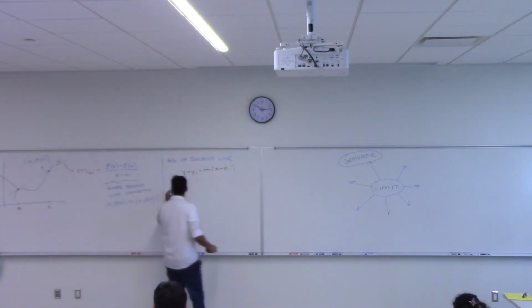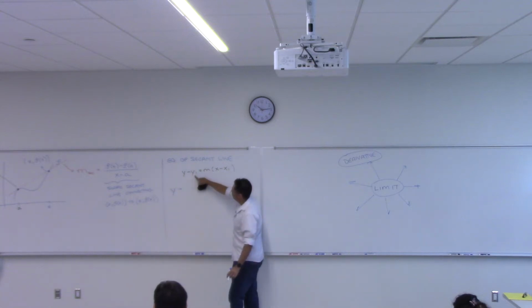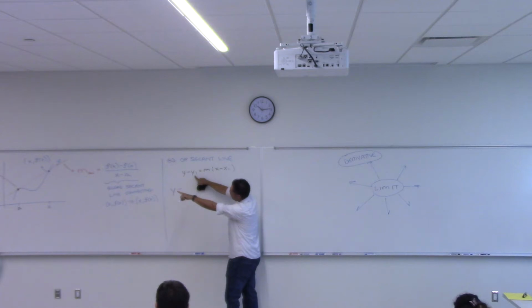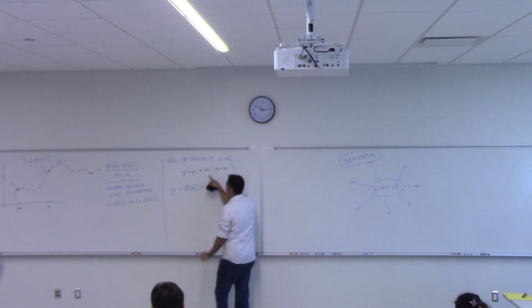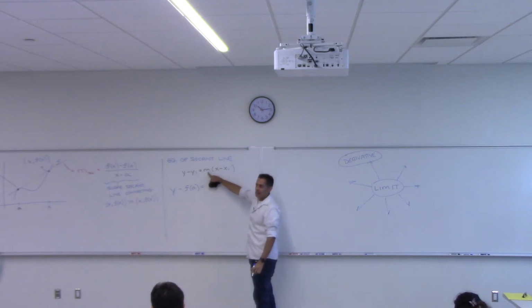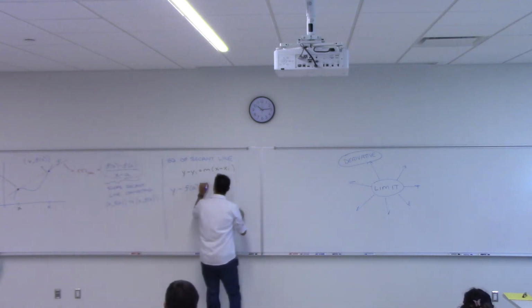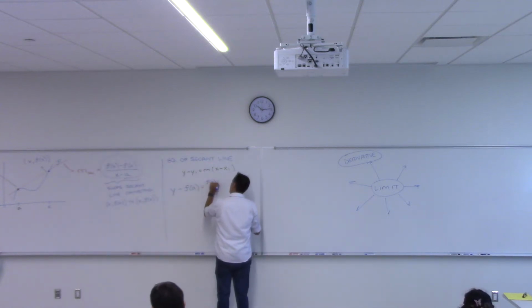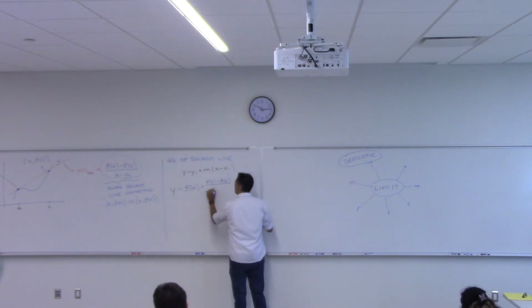So I would write y minus, what would y1 be here? What's the y coordinate of that point that's not moving? f of a. Equals, what's the slope of this secant line? It's all of this. It's f of x minus f of a over x minus a.